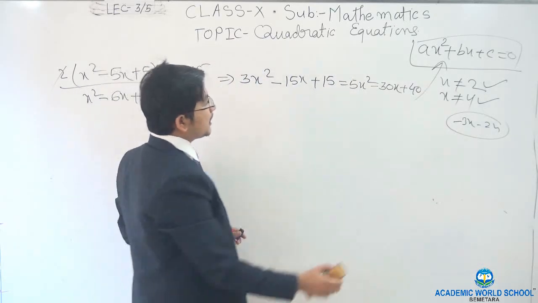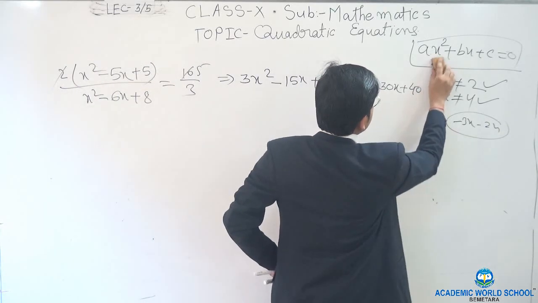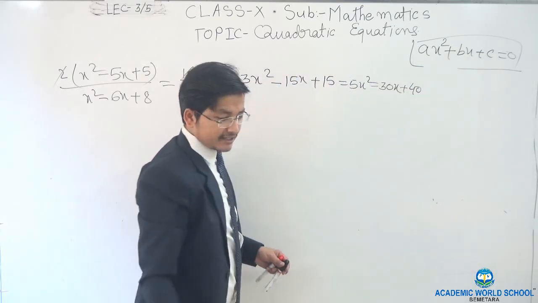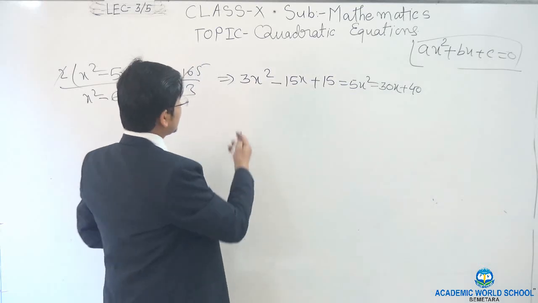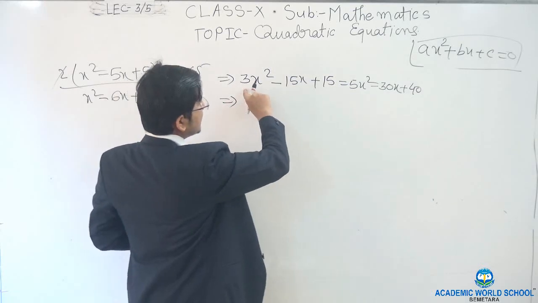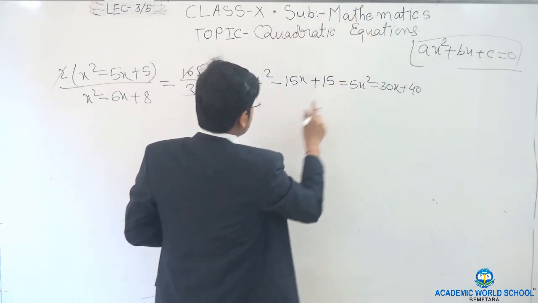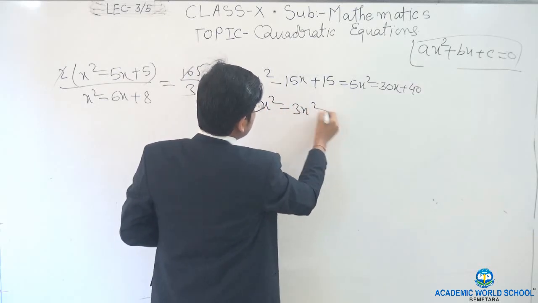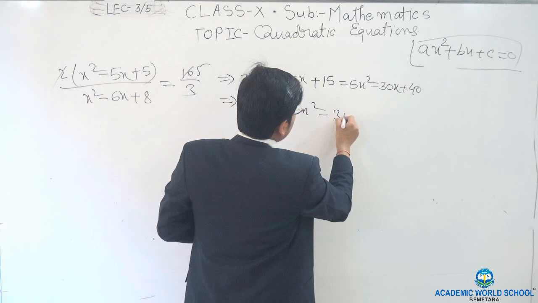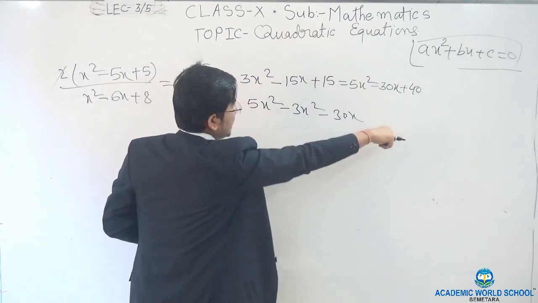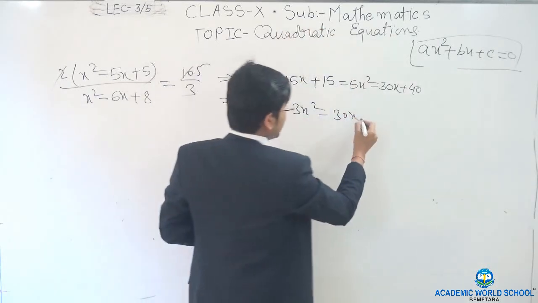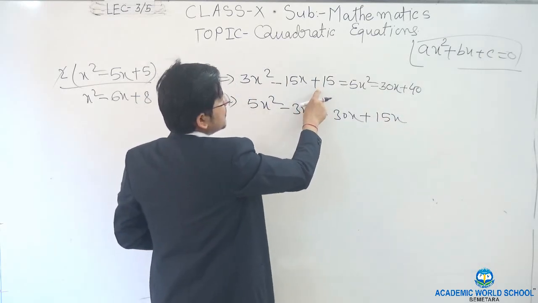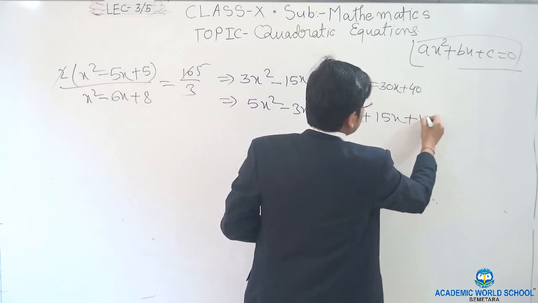So we are going to transfer one side, and then I will be getting the standard quadratic equation in the form of ax square plus bx plus c. Okay. So now transfer this all to the right hand side. So this is 5x square minus 3x square minus 30x. If I am going to transfer this side, it will be positive 15, so plus 15x, and now this is plus 40.